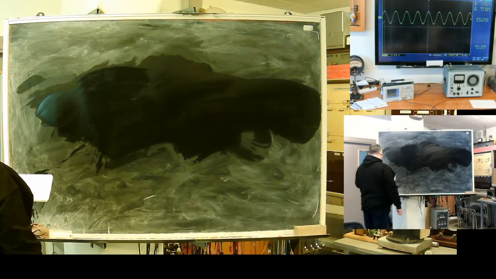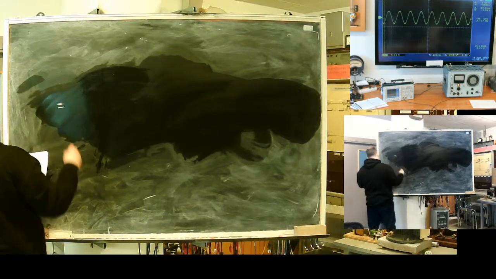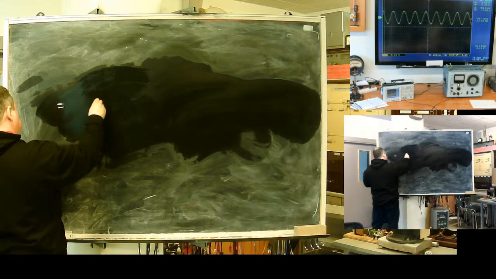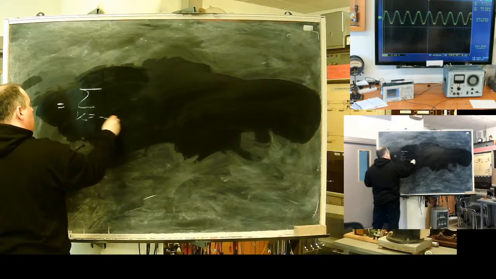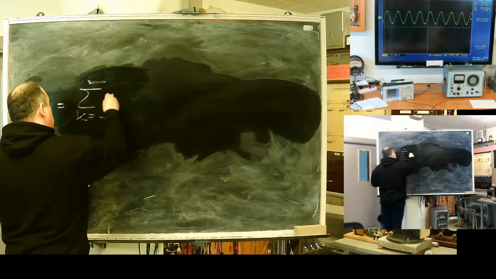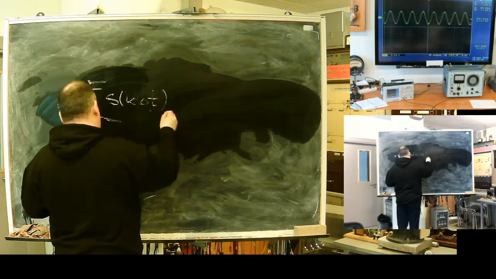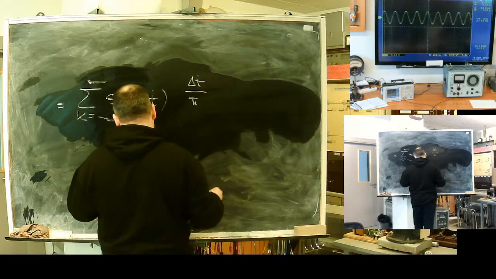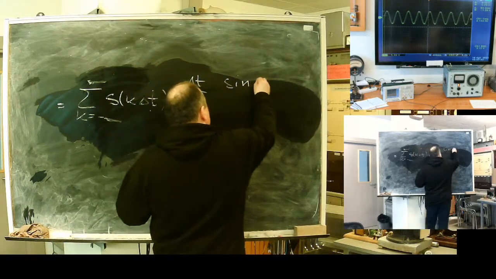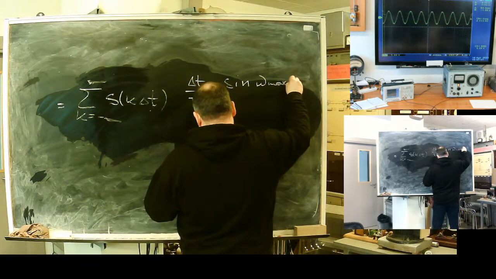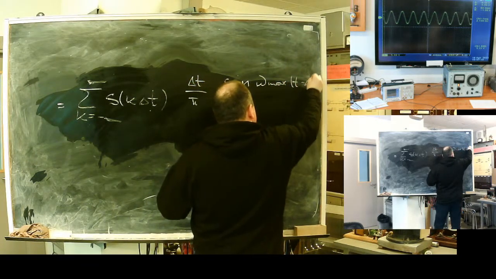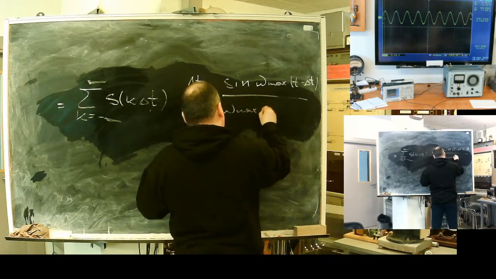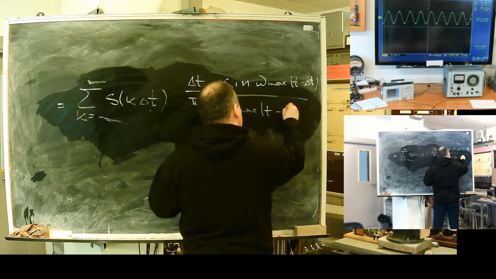Here we can substitute with a sum from minus infinity to infinity, delta t divided by pi, sine of omega max (t minus k delta t) divided by omega max (t minus k delta t).